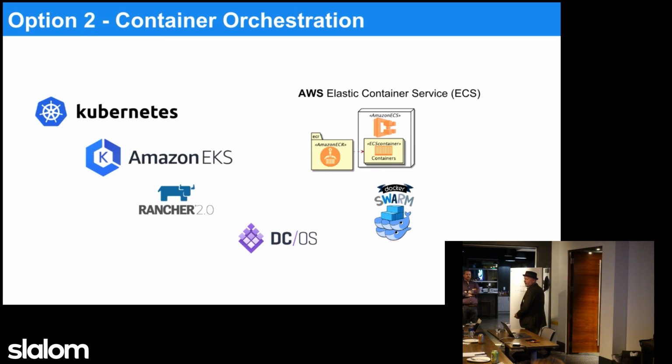So when you want to run containers in production, you're going to start looking at container orchestration. Clearly, we're not going to have time to cover this today. There are a lot of options out there. They are all hard. Some suck more than others. The ones that are easy are useless.